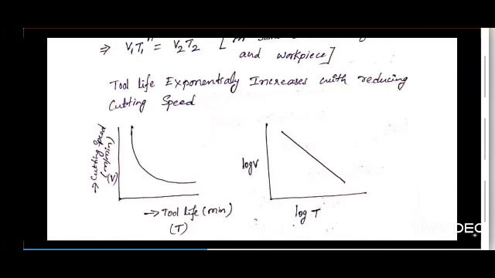So the tool life will exponentially increase by reducing the cutting speed. Okay, the second graph shows a logarithmic scale. If you plot the logarithmic value of cutting speed versus the logarithmic value of tool life, you will get a straight line, a linear curve.